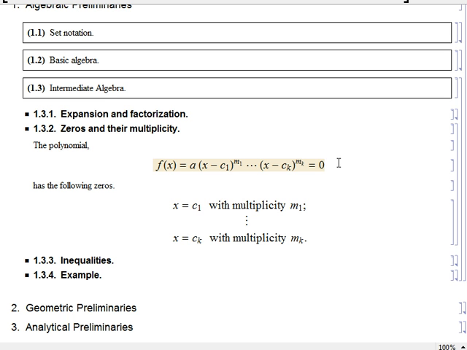Consequently, x minus c1 equal to 0 gives us x equal to c1, and so on, all the way up to x minus ck equal to 0, consequently x equal to ck. These powers are called the multiplicities. Why are those multiplicities so important? Because the local behavior of this polynomial function around that 0 behaves pretty much like a power function with the same multiplicity, same power.